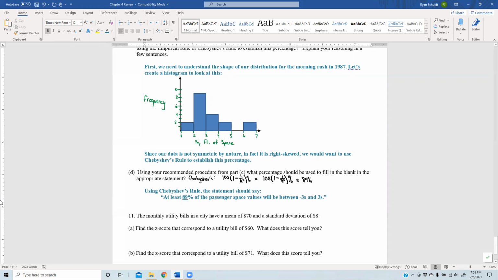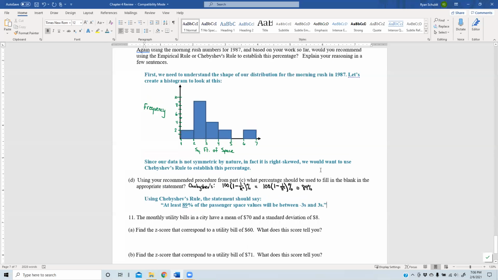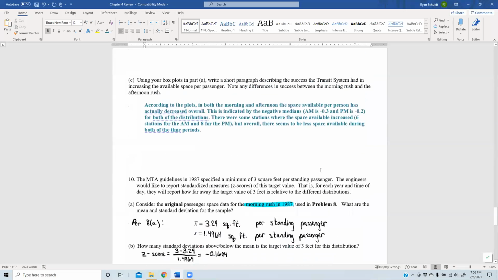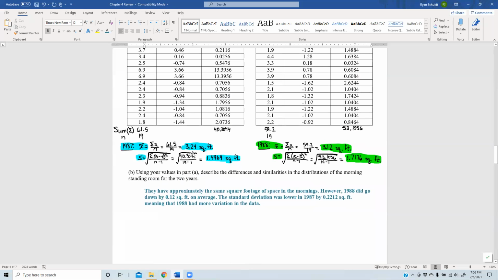Now, of course, if you were doing this for a paper, for a legitimate report, you wouldn't use S's here. You would actually calculate negative 3 times S and 3 times S and fill those values in. So if we did that, what is negative 3 times the S we found?